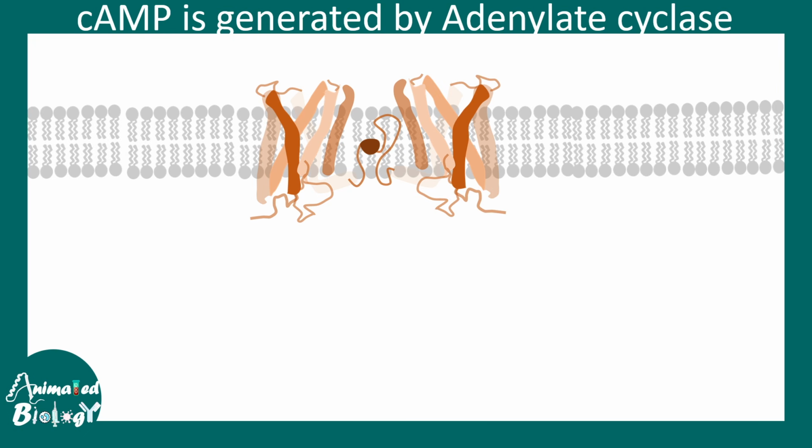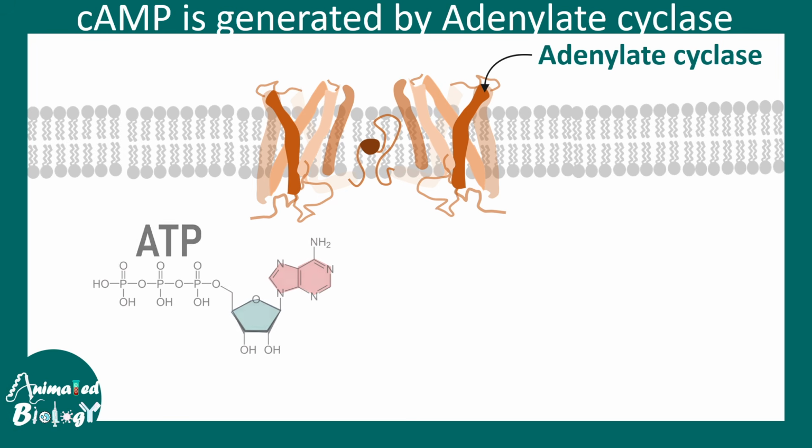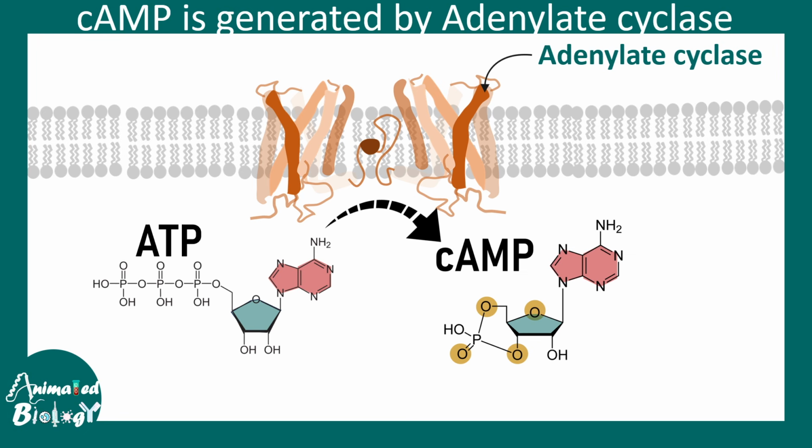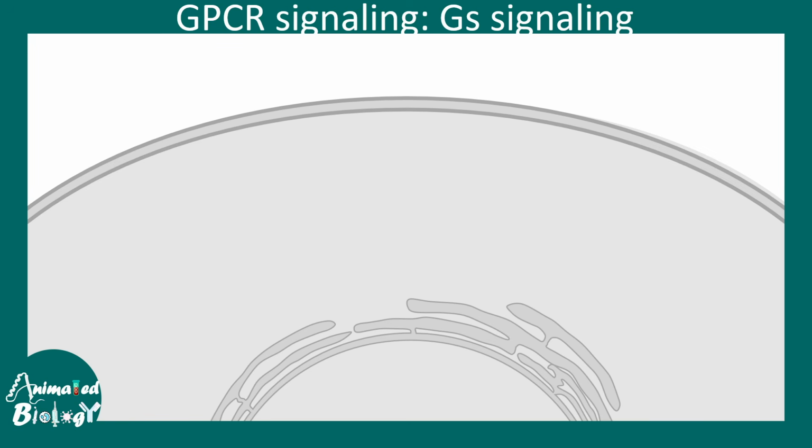So it's very important. Cyclic AMP is generated by an enzyme known as adenylate cyclase. Once activated, this adenylate cyclase can convert ATP into cyclic AMP.